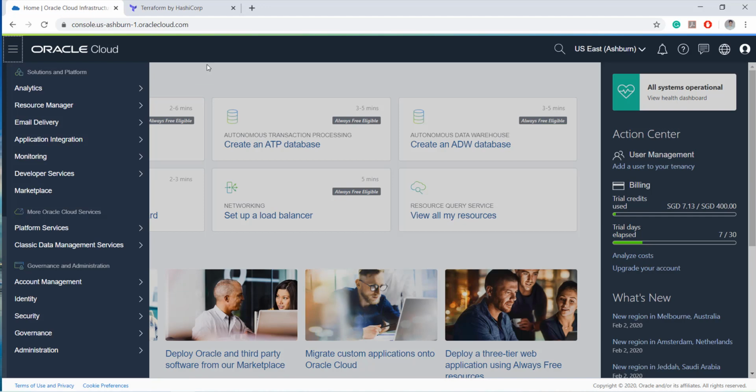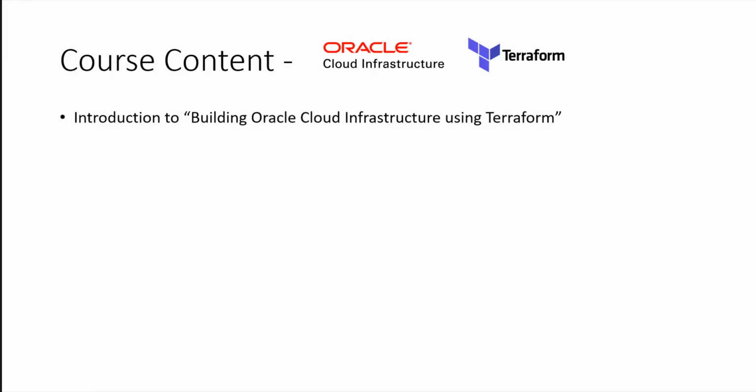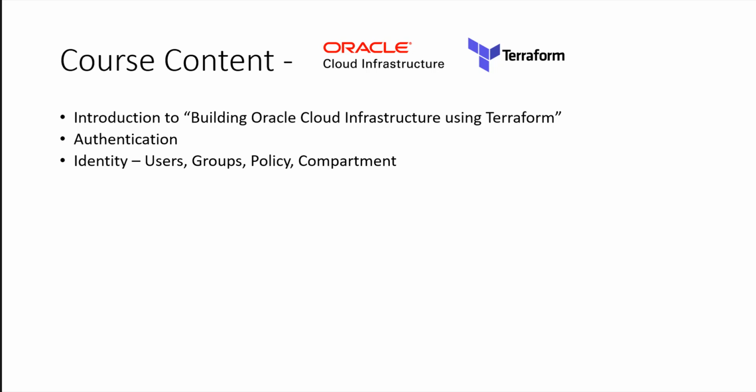So now let's see what we're going to learn in this course. Basically, we'll be building the complete Oracle Cloud Infrastructure using Terraform. The second topic will be authentication, like how you can generate SSH keys, fingerprint, and passwords so that we can run Terraform CLI commands. Then we'll see the Oracle Cloud Infrastructure Identity service, where we will create users, groups, policies, and compartment.